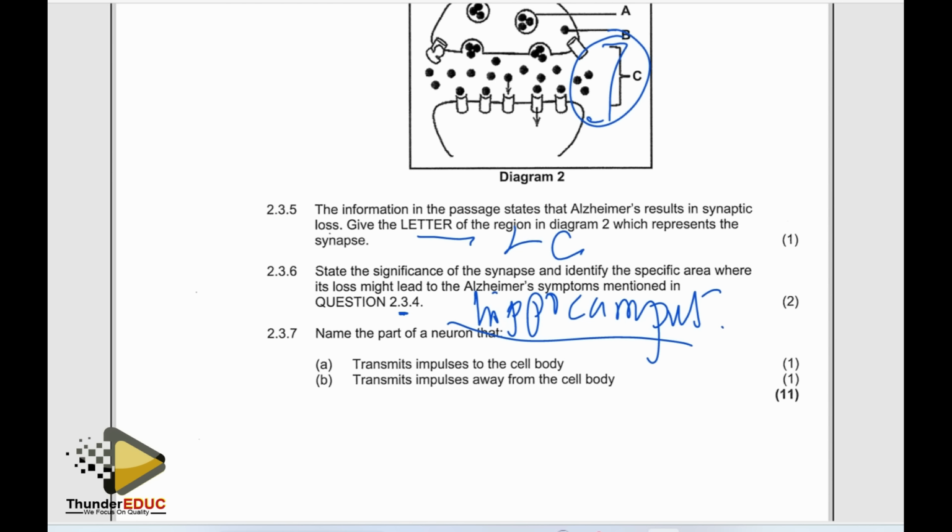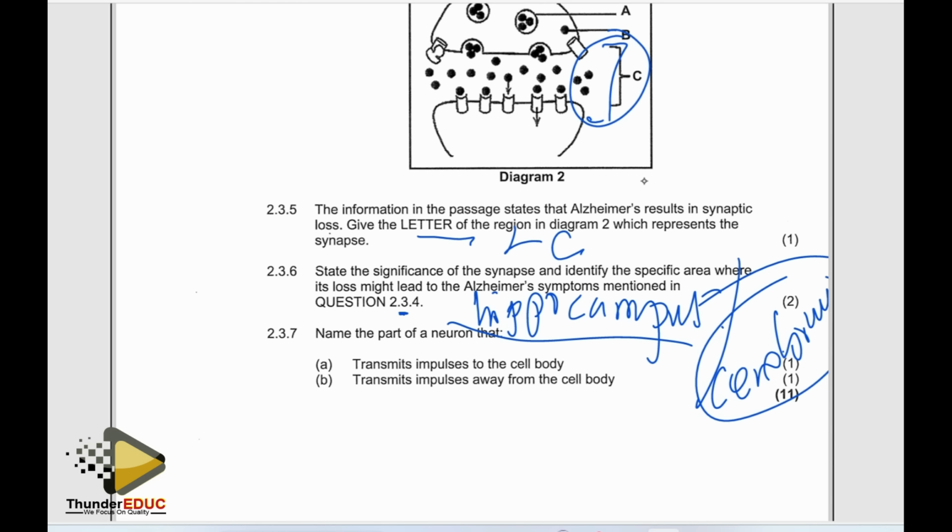Because it's a part of memory, we can say the cerebrum. I don't want to talk too much of medical. The cerebrum is where the hippocampus is located.